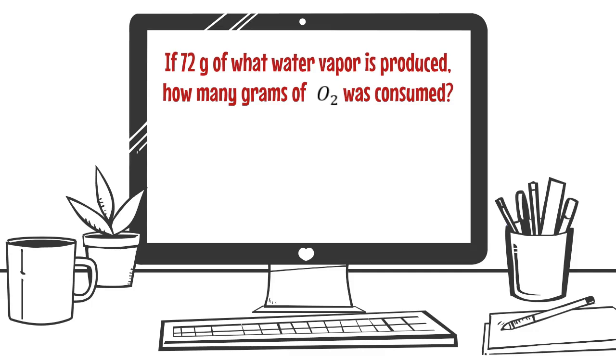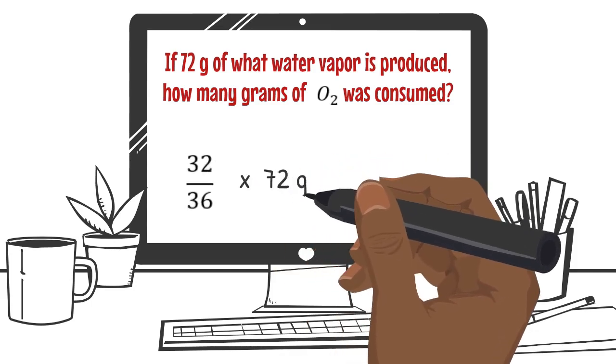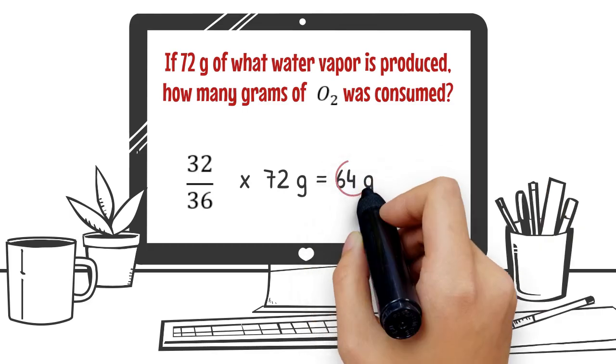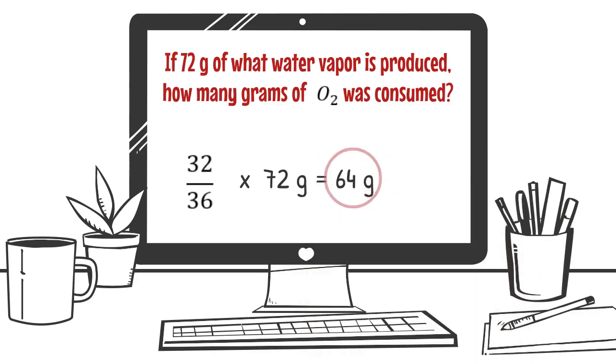To answer the question regarding the amount of oxygen being consumed, the oxygen to water vapor ratio will remain the same throughout any reaction that happens to be hydrogen combustion. So the equation needs to be true for all hydrogen combustion reactions.